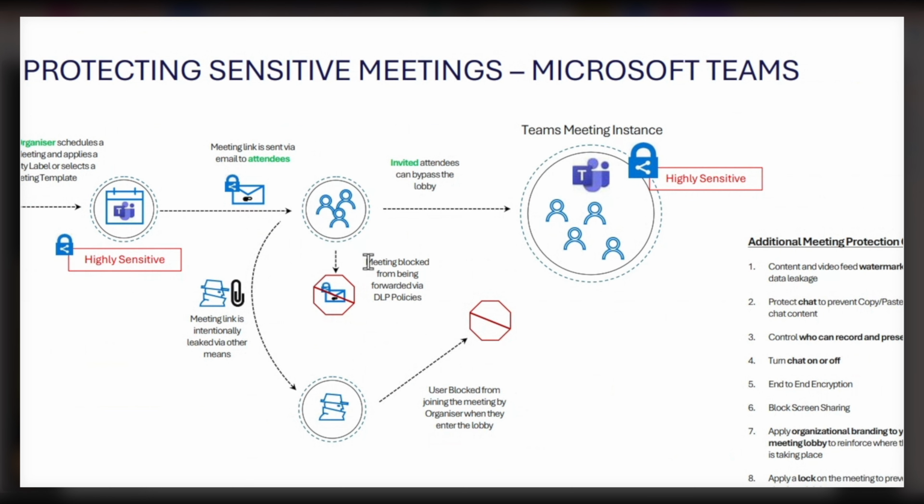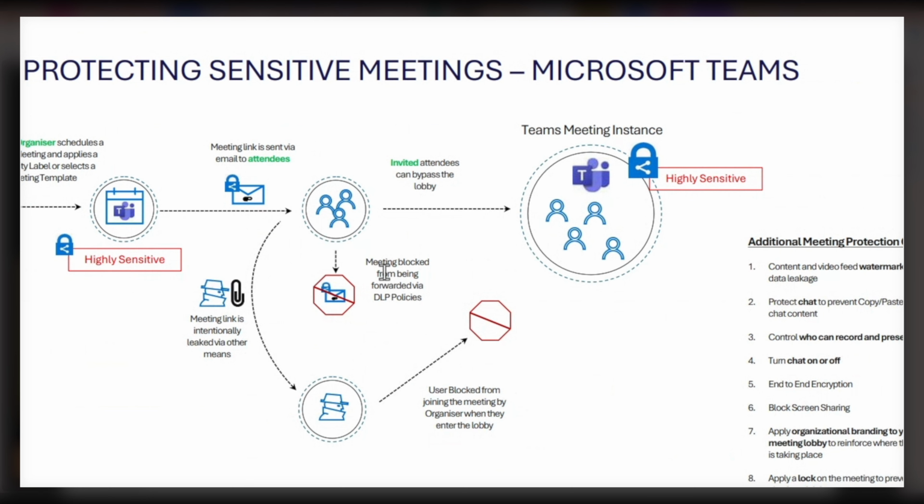We've got the ability to block that meeting invite from being forwarded via a DLP policy. So let's say I receive an invite to a meeting that's discussing a product release. DLP policies can prevent me from forwarding that on to a member of the press, for example.